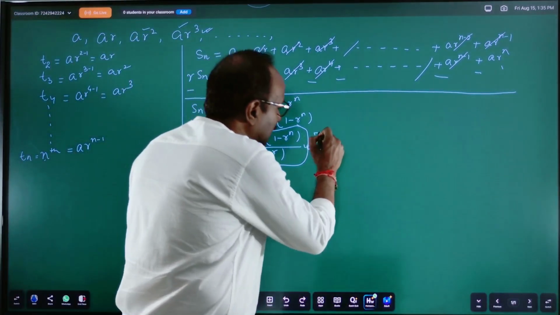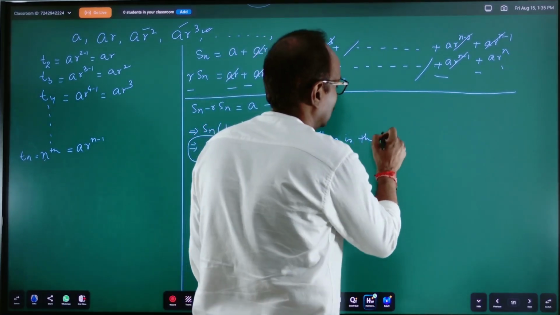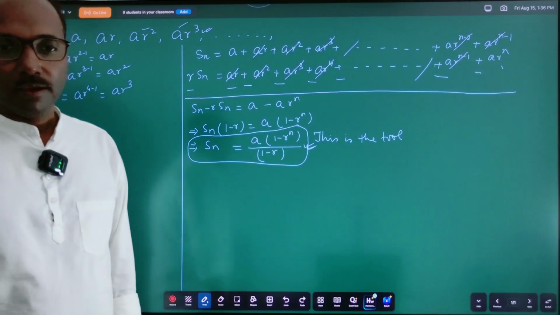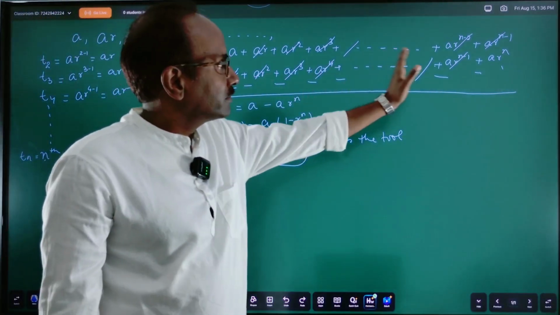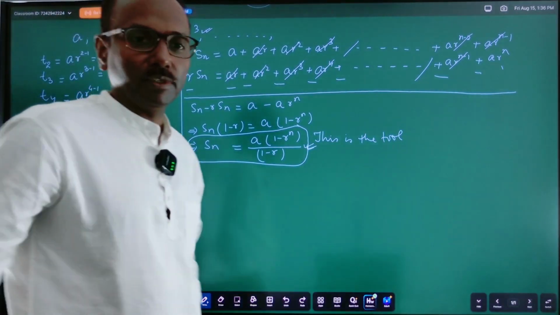So this is the tool which we can use when such large summations are encountered. This is one of the tools for GP series.